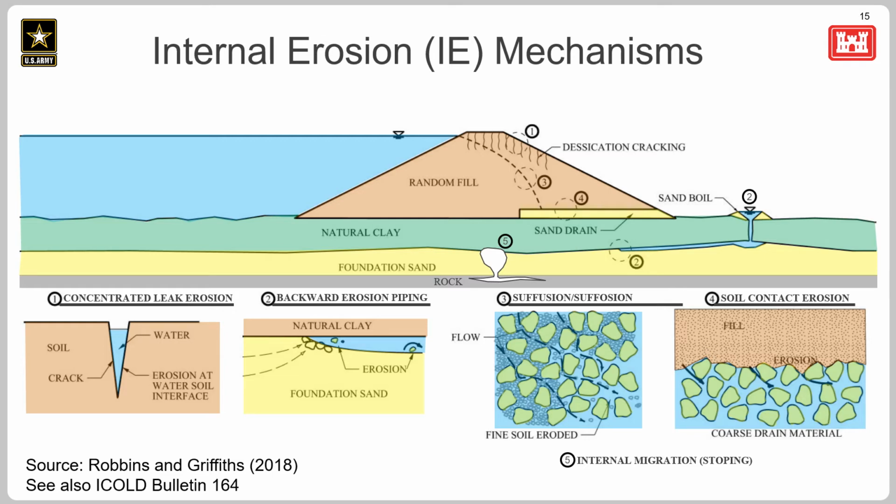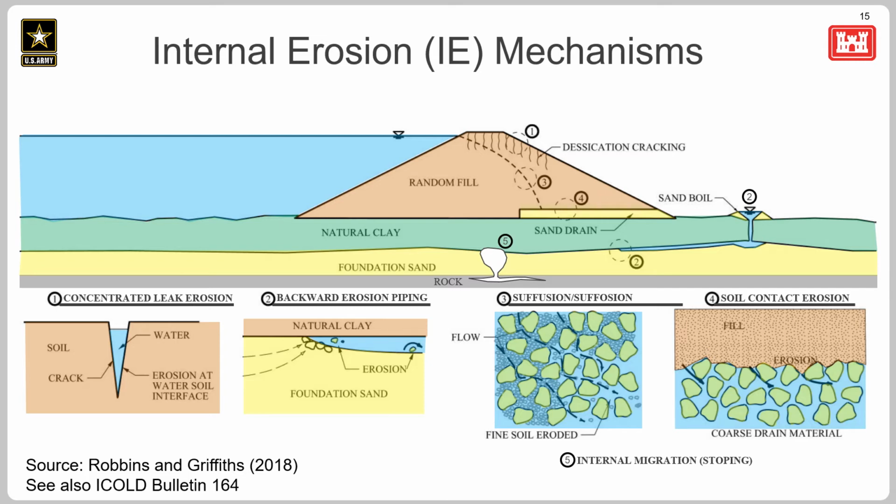The general mechanisms to consider for initiation are concentrated leak erosion, or CLE, backward erosion piping, or BEP, internal instability, also called suffusion or suffosion, soil contact erosion, or SCE, and internal migration, or stoping. Both CLE and SCE are considered forms of scour.